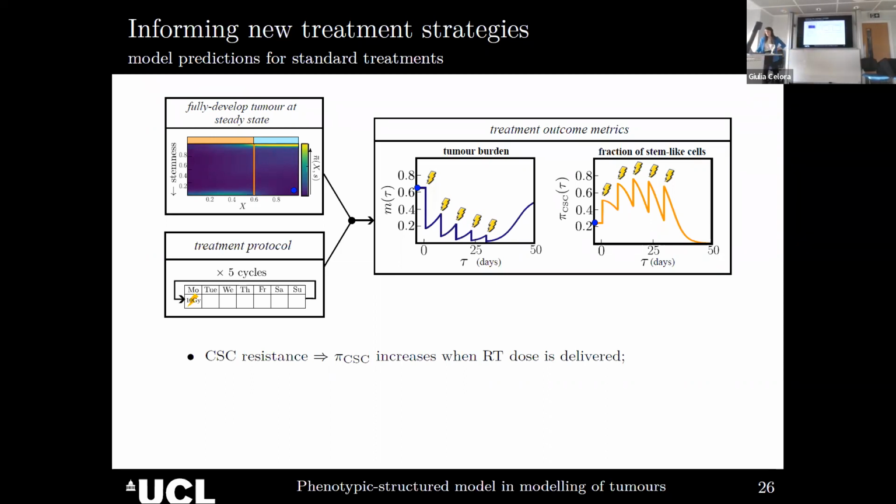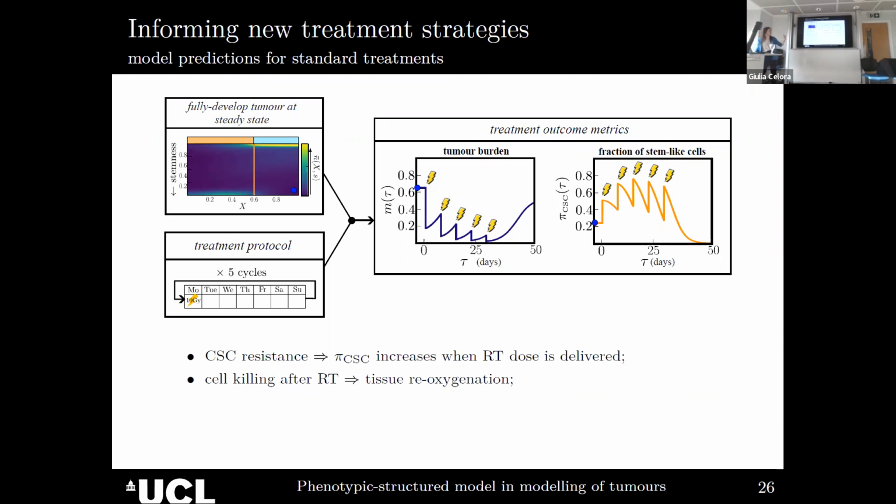But another feature that you can't really see here, but I'll tell you, is that as we apply radiotherapy, we decrease the number of cells in the tissue, and this leads to reoxygenation, under the assumption that vasculature is not physically injured during treatment. And if we have reoxygenation, we know that the environment drives cells towards differentiation.